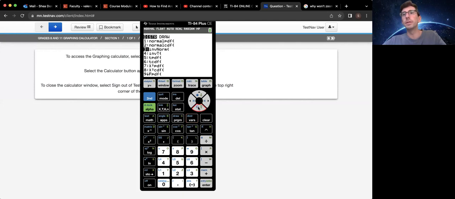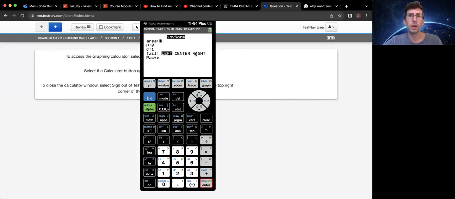This time we're given the area under the curve, and we want to know what our lower or our upper value should be. So to do this, we're going to choose option 3, which is the inv norm, or the inverse norm. If I hit enter on that, you can see it asks for an area, a population mean, and a population standard deviation.